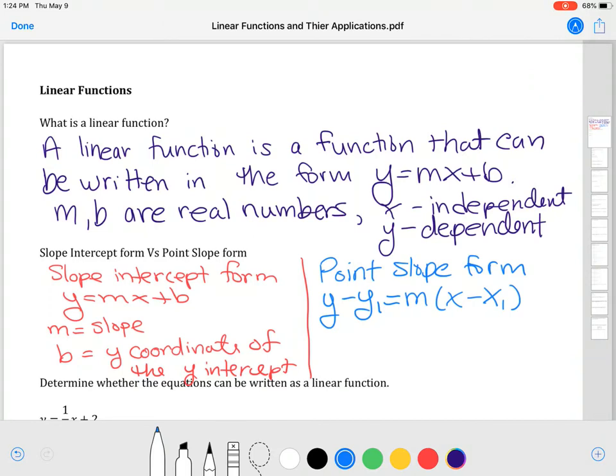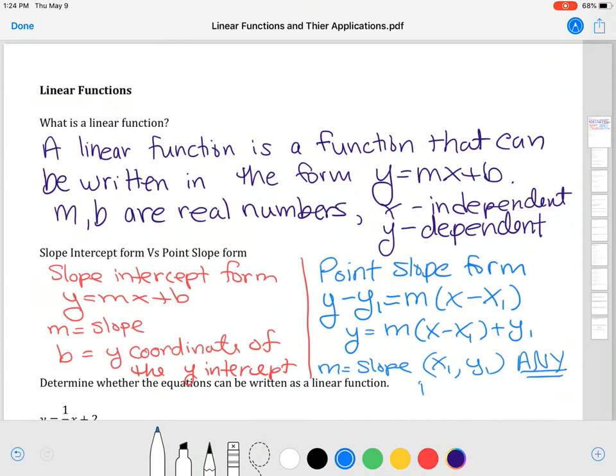And sometimes if you want to write it with the y isolated, you could also write it like this, where you would just add y1 to both sides. So either one is fine by me. The m, of course, is your slope. And then the x1 and the y1 is any, and I want to emphasize this, any point on the line.